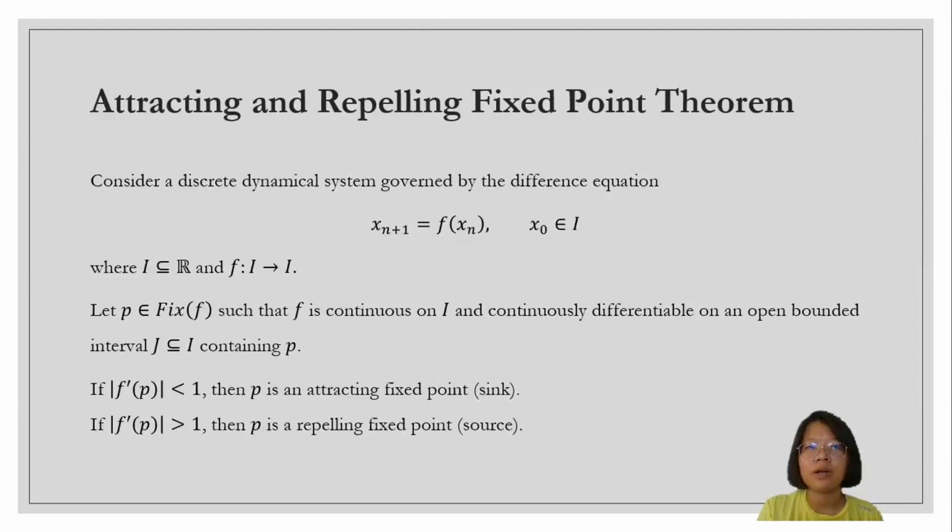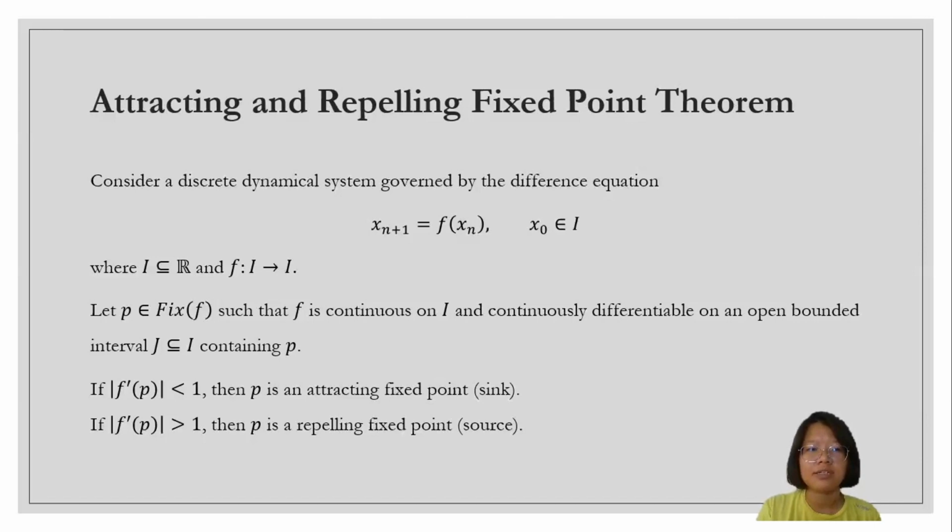Now we have to prove the attracting and repelling fixed point theorem. Consider a discrete dynamical system governed by the difference equation x_{n+1} = f(x_n), where x_0 is an element of I, where I is a subset of R, and function f from I to I. Let P be an element of Fix(f) such that f is continuous on I and continuously differentiable on an open bounded interval J, a subset of I containing P. If the modulus of f prime of P is less than 1, then P is an attracting fixed point.